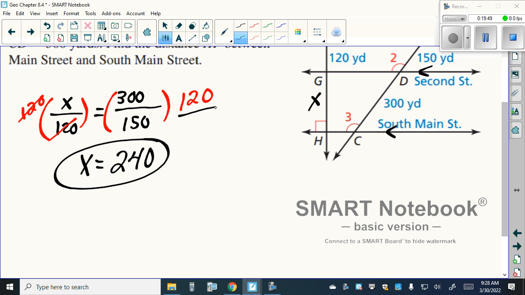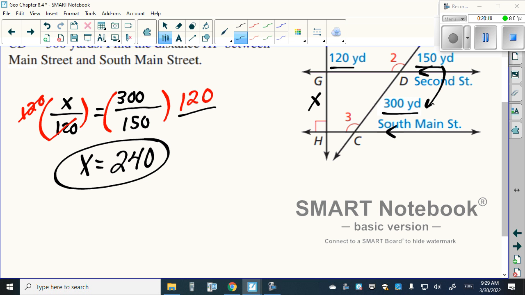Also, if we look at the figure, because 120 is on top, 150 is on top, yes? 150 is comparing with 300. 300 is bigger, yes? So the length for G to H should be bigger than 120. So we're expecting it to get bigger. Those are two reasons. Now, what is 300 divided by 150? So 2 times 120 is?